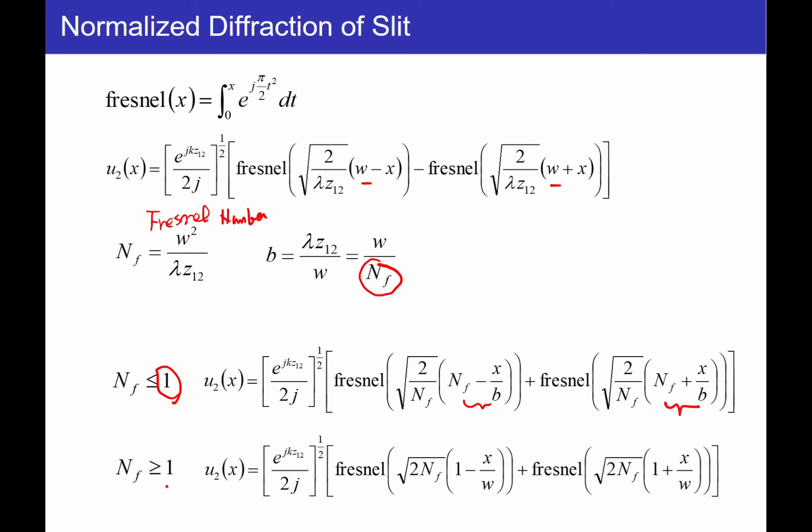But if NF is greater than 1, then the integral is changed such that we get this one, okay, and it is also inverted. So depending upon the Fresnel number, we have two expressions. So it's a good exercise for you to find out how this is done.